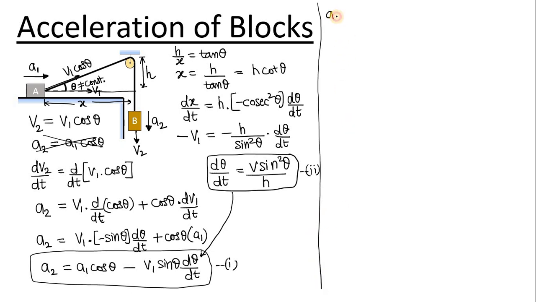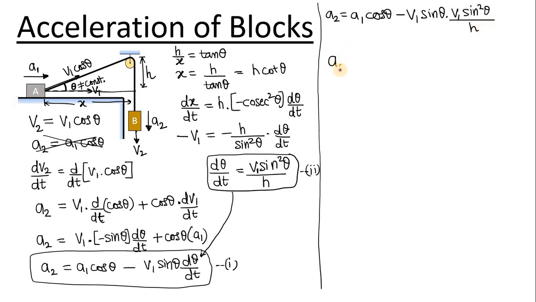We will get a2 is equal to a1 cos theta minus v1 sin theta into d theta by dt, which means v1 sin square theta divided by h.